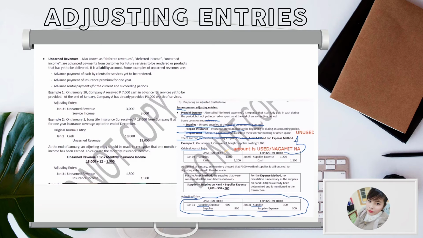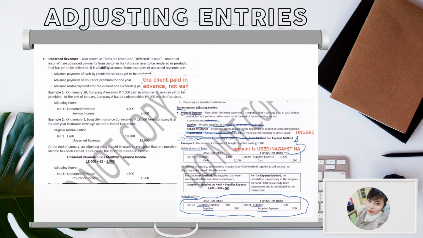Pero hindi pa nagagamit. Can you see, class? Kung anong pagkakaiba nila? Yes. Okay. Tatandaan, si prepaid expense, kayo ang nagbayad in advance. Alright? Dito naman sa unearned revenue, the client paid in advance, pero not used pa siya.